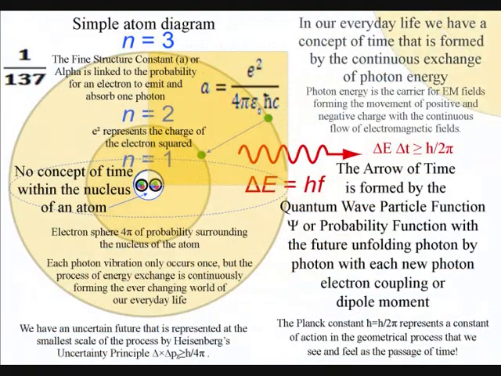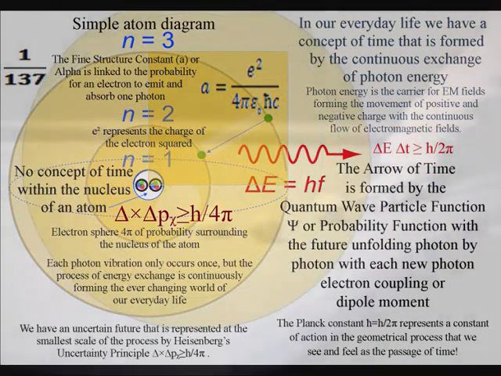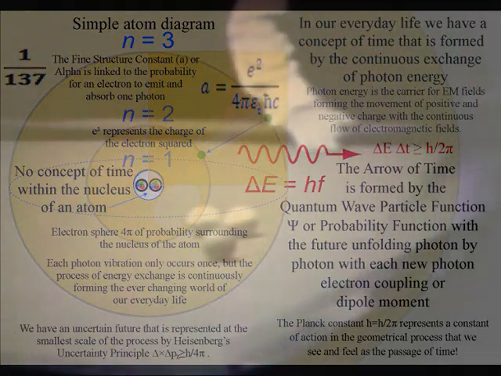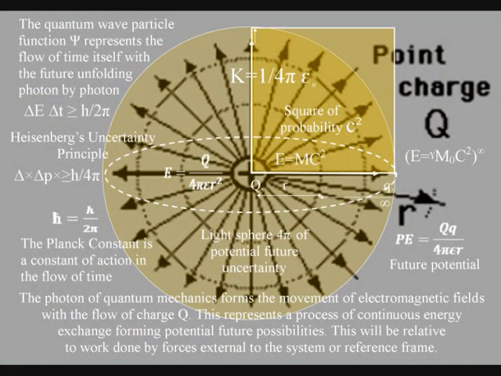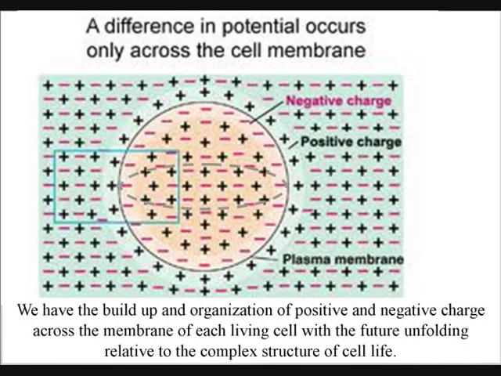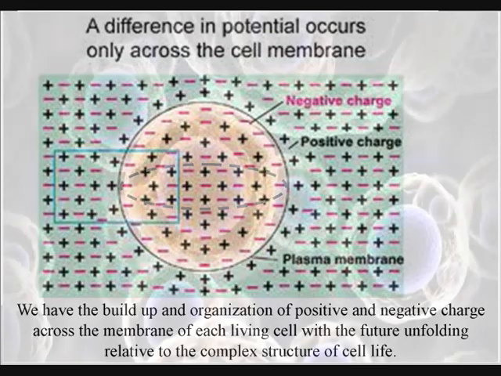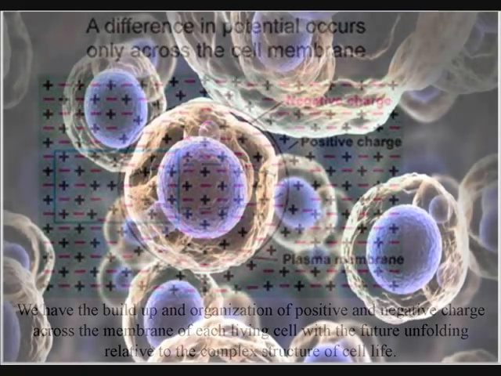However the future unfolds, there is a continuous exchange of photon energy with the movement of positive and negative charge. Whenever objects touch, it is charge that makes contact, and we have the organization of charge relative to the membrane of each living cell within us.